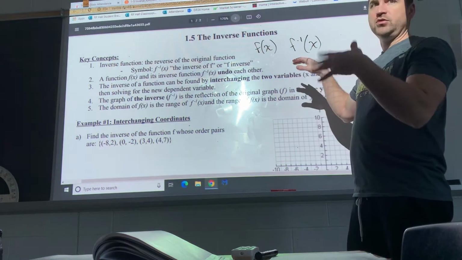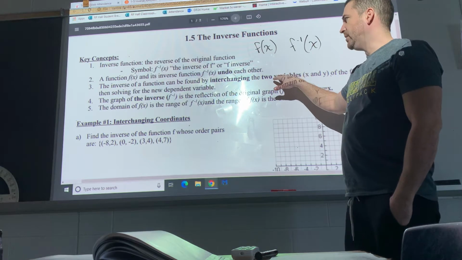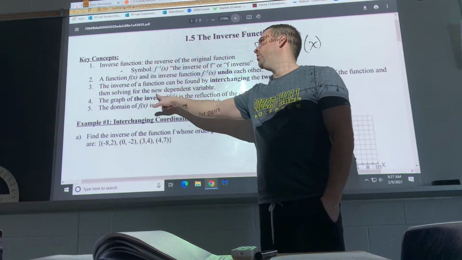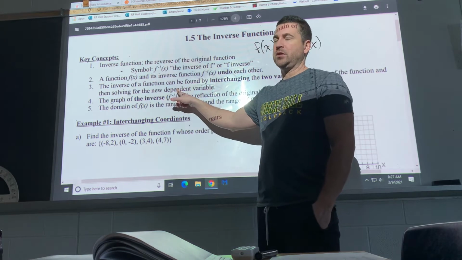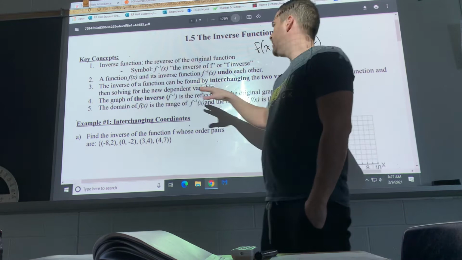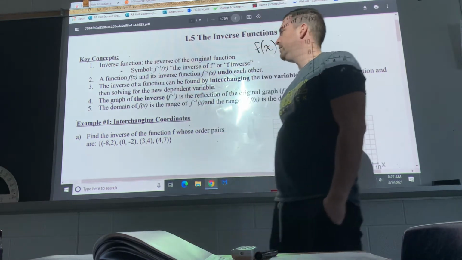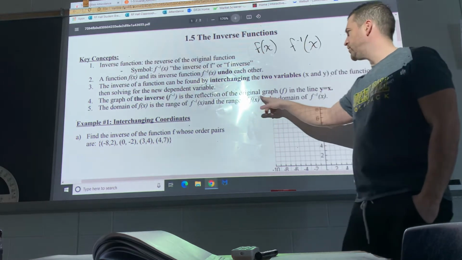After we change them, and I'll do this with the examples, we're then going to solve for y.